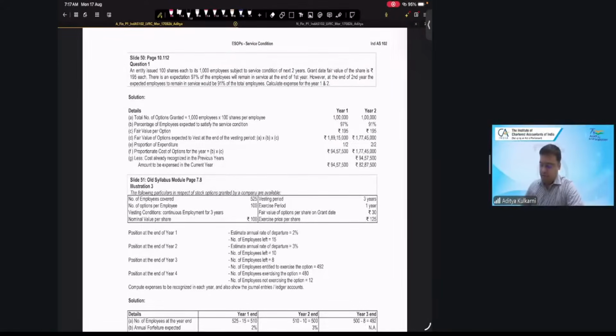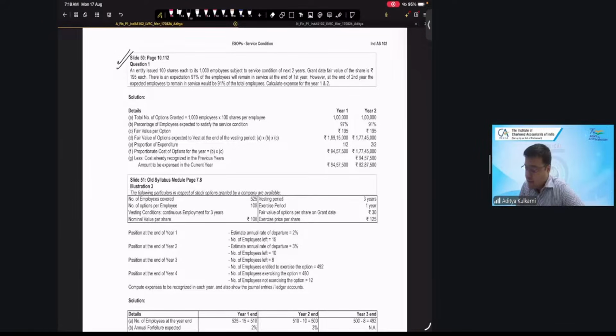Go through this question. An entity issued 100 shares each to its 1,000 employees, subject to a service condition of the next 2 years. Grant date fair value is rupees 195 each. There is an expectation that 97% of employees will remain in service at the end of the first year.